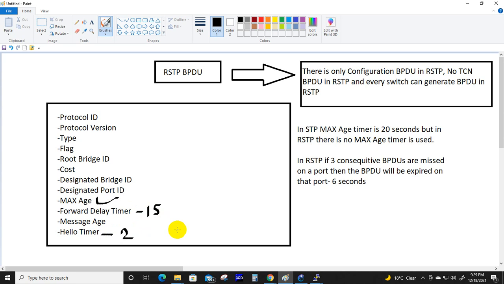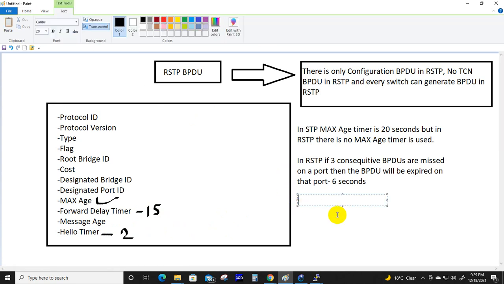What is message age? Message age defines how far, or how long, you can say how far, a BPDU can go in a layer 2 network.